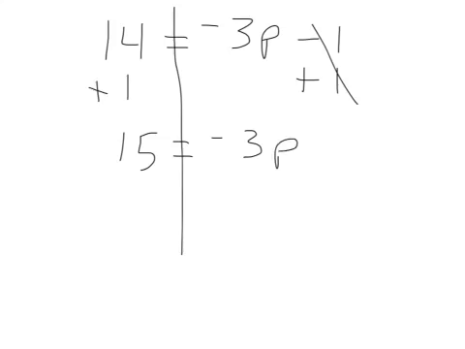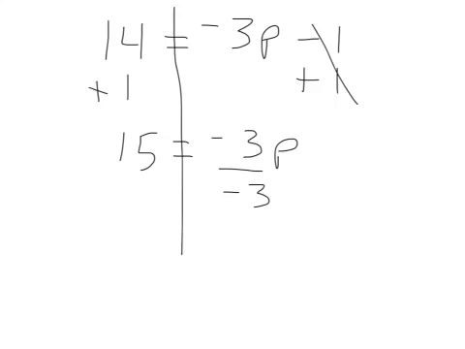Now that I've gotten rid of the lowest level, I need to get rid of this multiplication of negative 3 times p. So in order to get rid of it, I need to do the inverse operation, or the opposite operation. So instead of multiplying by a negative 3, I want to divide by negative 3 so that I will end up getting 1p instead of a negative 3p.